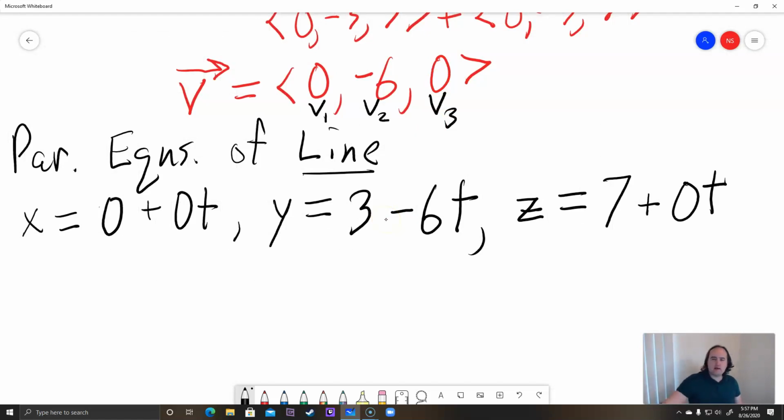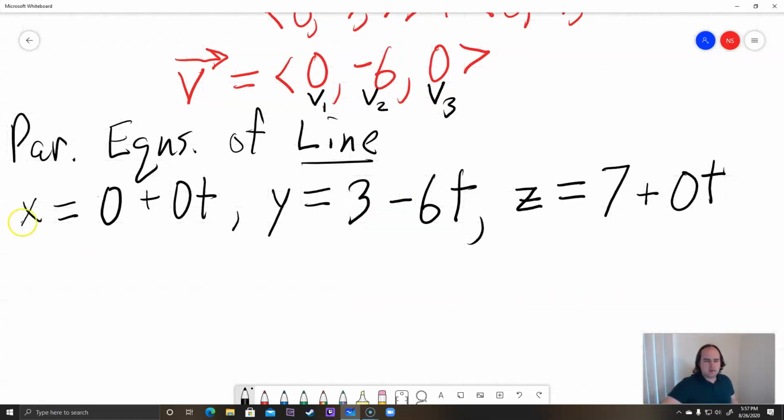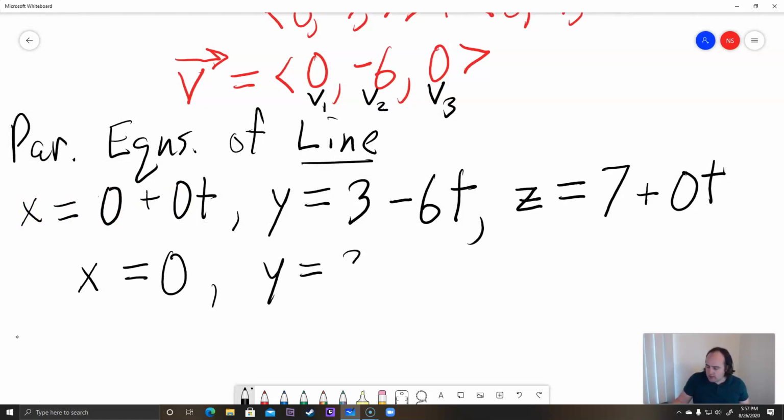And remember, any number times 0 is 0. So x is actually just going to equal 0. Y equals 3 minus 6t. And z is just going to be 7. So z equals 7.